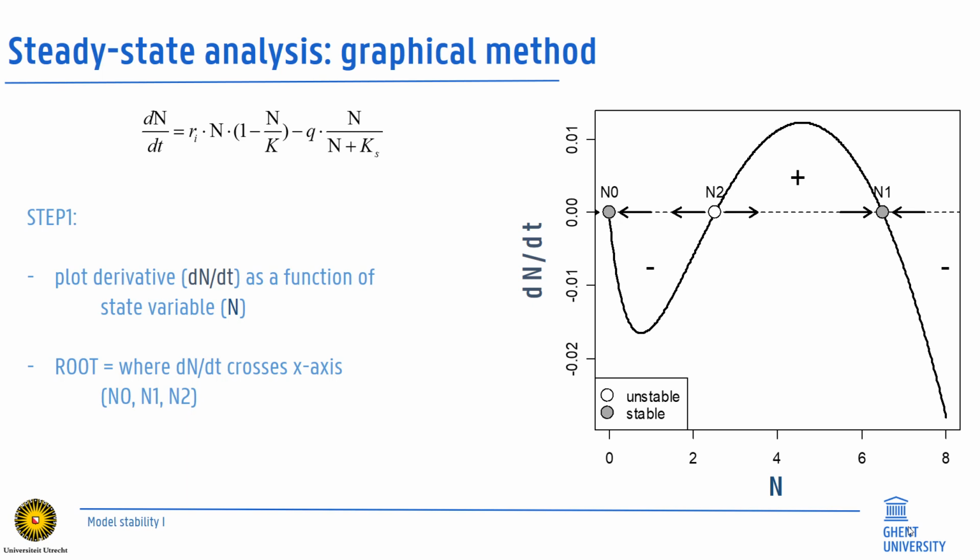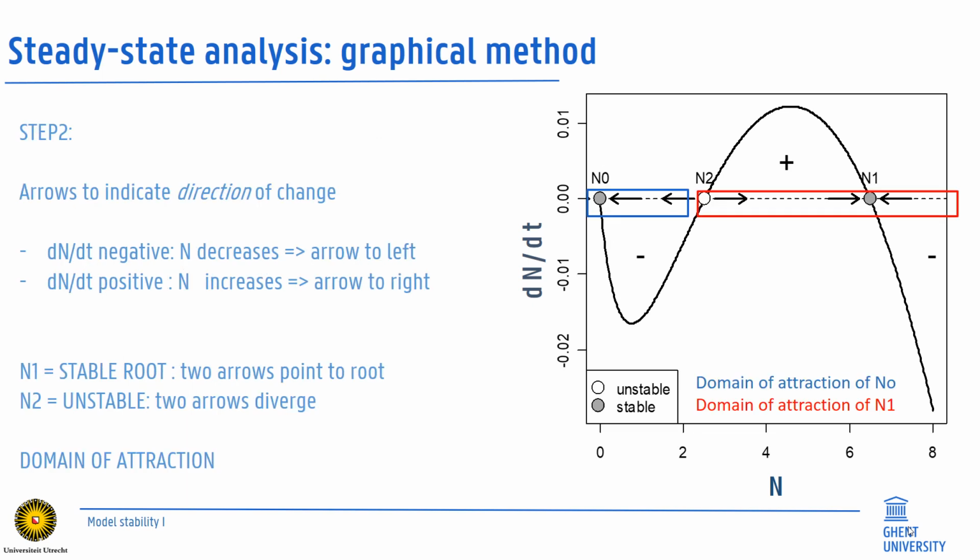As a first step, we plot the derivative here for a fishery model. We determine the directions of change and the stability of the roots. Arrows pointing towards a root indicate a stable equilibrium, diverging arrows an unstable one. We can thus indicate a domain of attraction for every stable equilibrium.